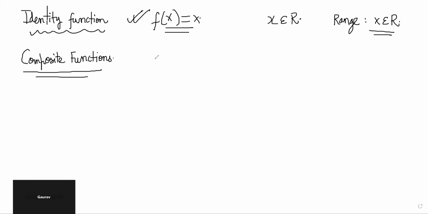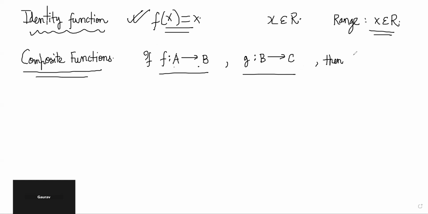So, for example, if there is a function f from set A to set B, and now there is a function g from set B to set C. This notation, you should understand what this means. This notation says that f is a function from A to B. A is the domain, B is the codomain, right? Yes. And g is a function from B to C, where B is the domain and C is the codomain.